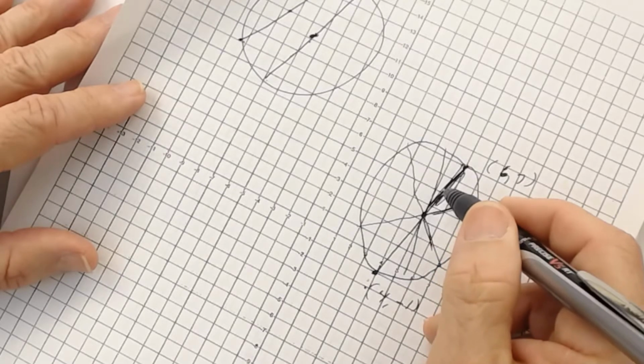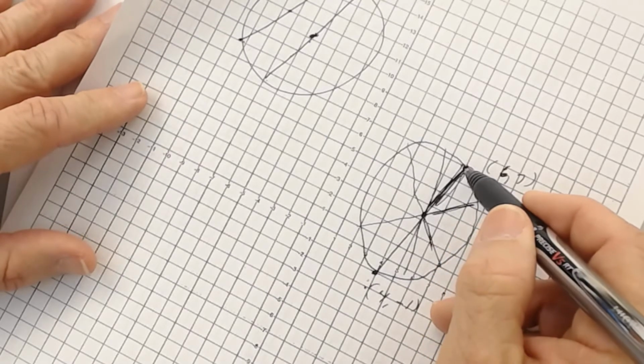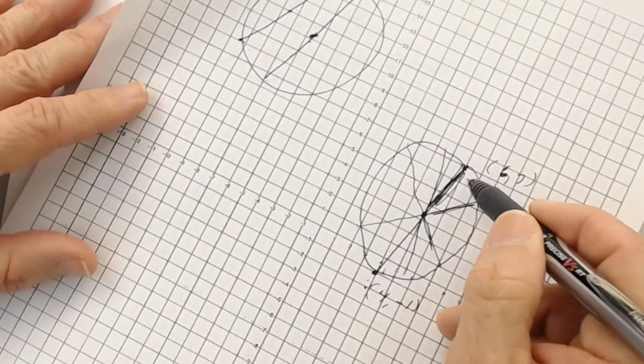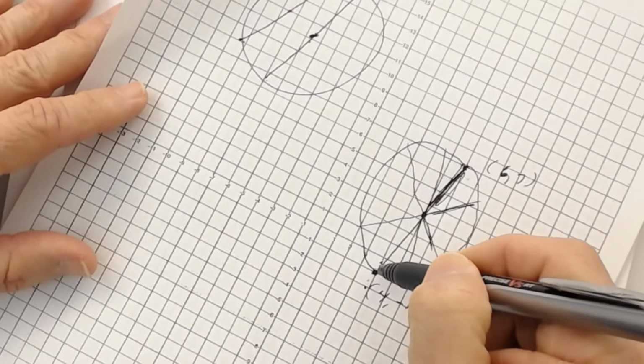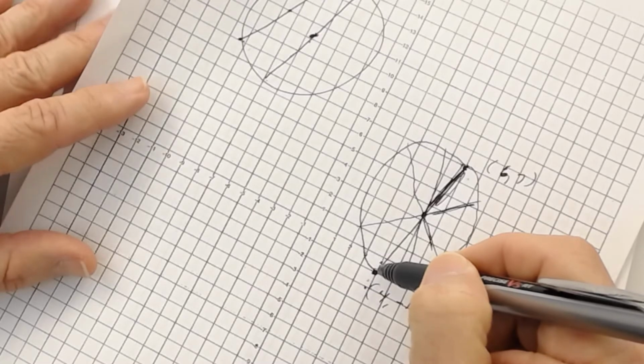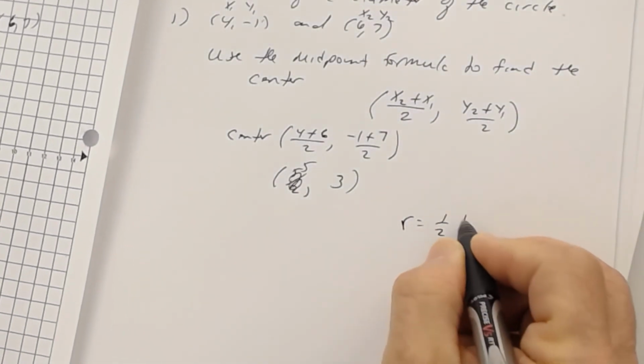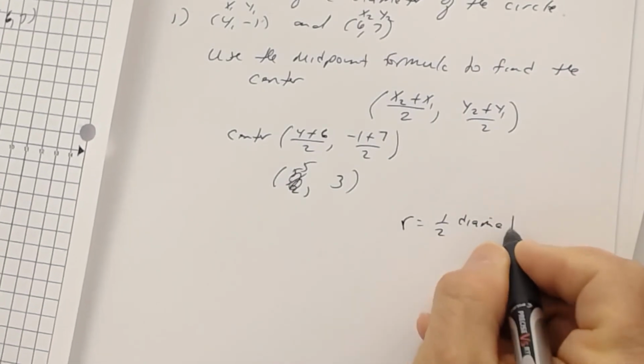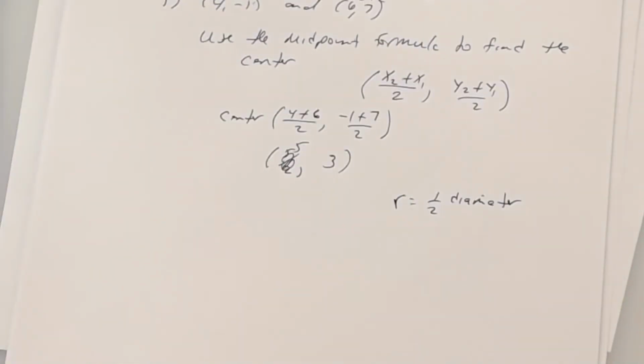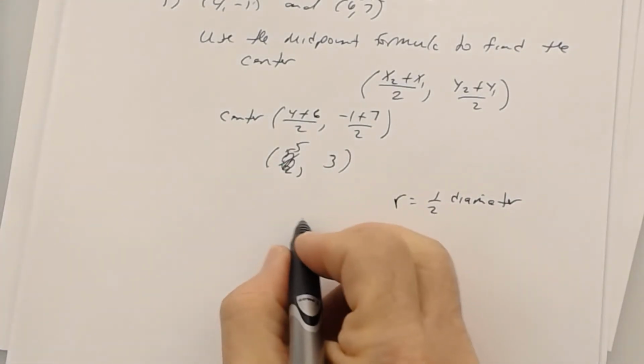Use the distance formula. So if I can find the distance of this diameter, then all I do is take half of it, right? So the radius will equal 1/2 of the diameter. So what I got to do now is find the length of the diameter.